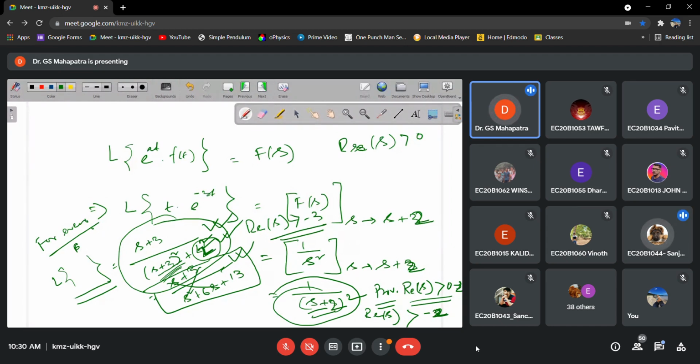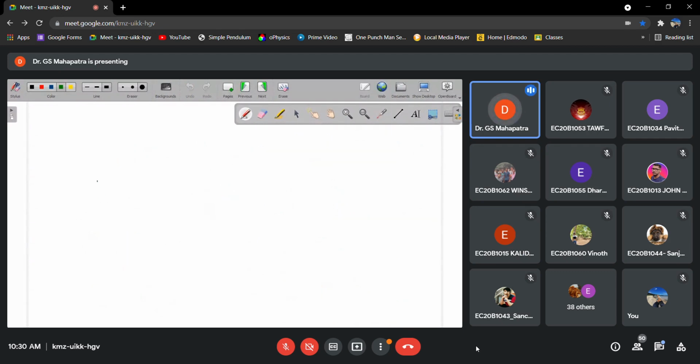The real part of s when you are writing s by s square plus a square. Correct. What is that one? The Laplace transform, I will go to the new part. Okay, now your Laplace transform is s plus 3 divided by s plus 3 whole square. Am I correct? Yes, sir.